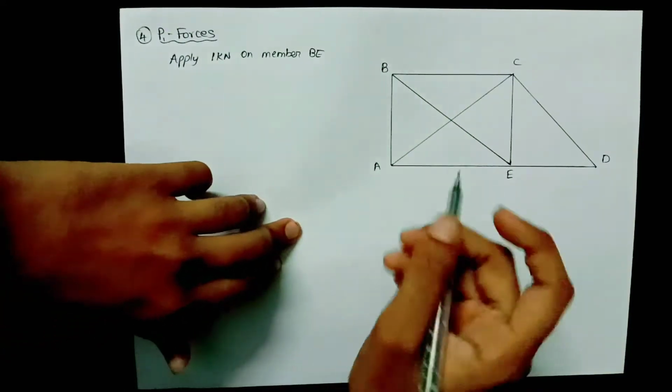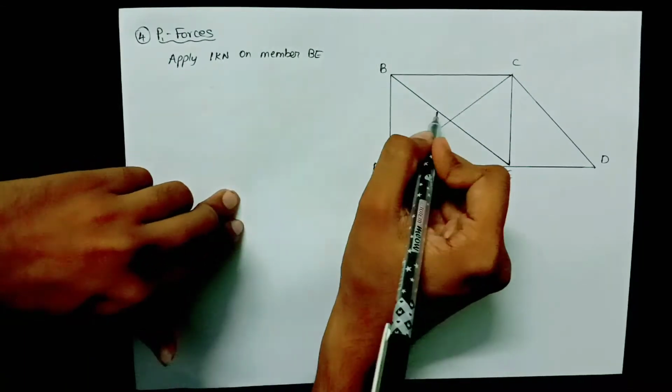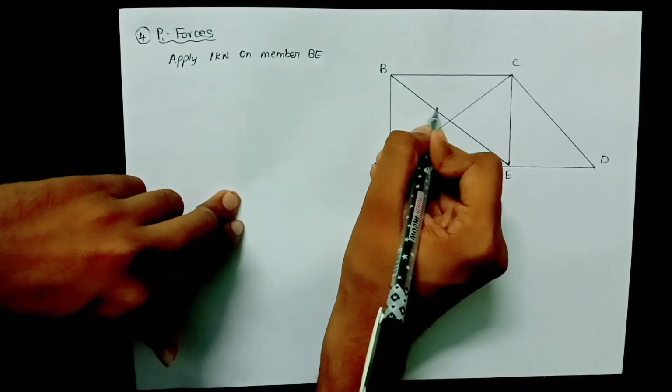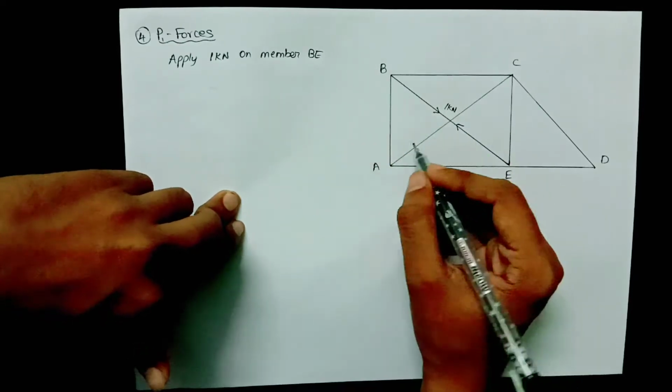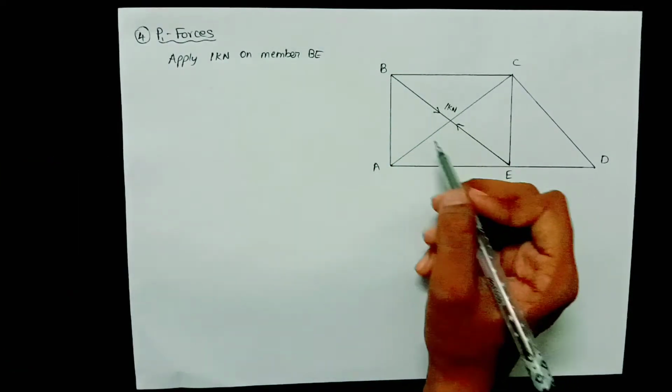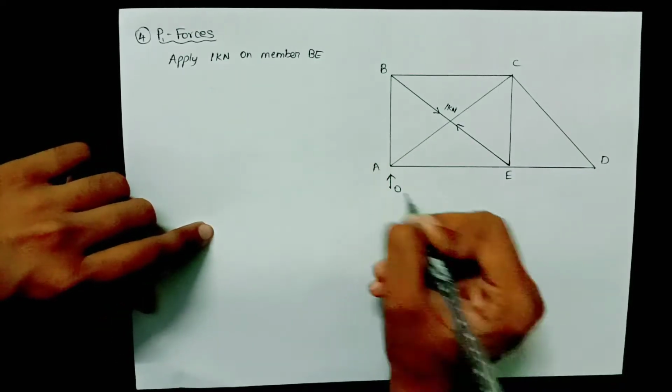I have drawn the same truss by removing all the external loads. Now on the member BE, I will apply 1 kilonewton tensile force. Now I will analyze, that means I will find out the forces in all the members. Since there are no external loads, the reactions will be equal to 0.